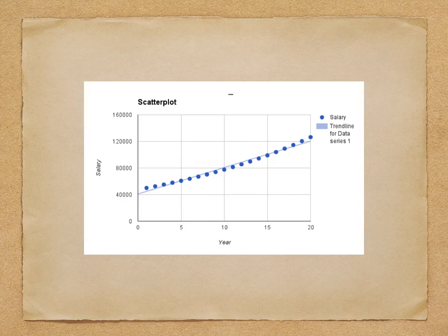And as you can see, we have the positive line right there, the line of regression, and overall, this scatter plot is just a graph to show the positive correlation between the salary and the year.